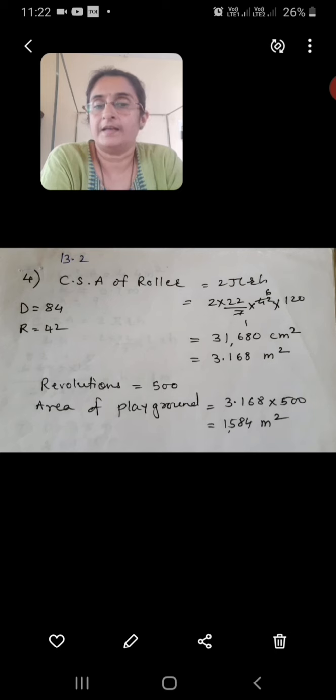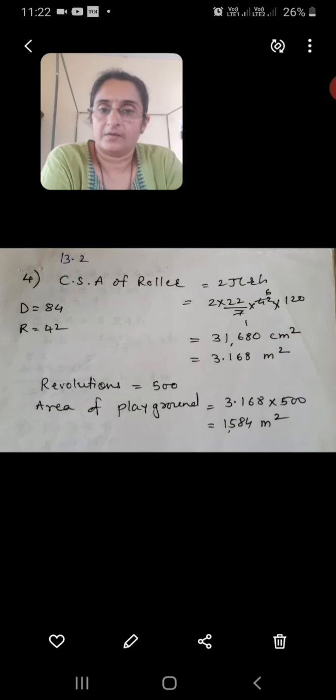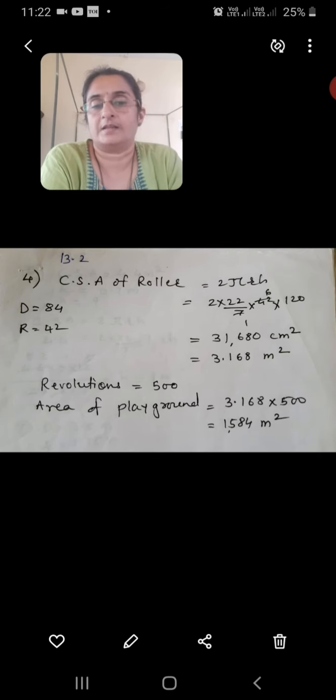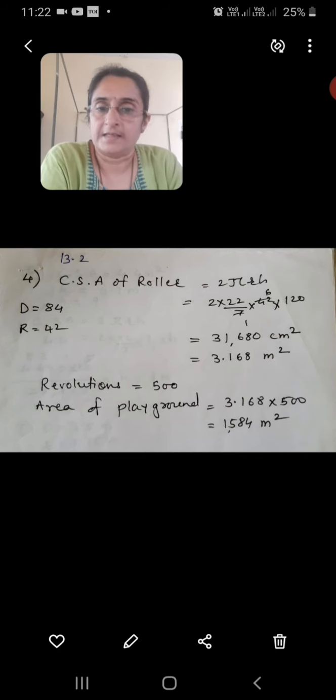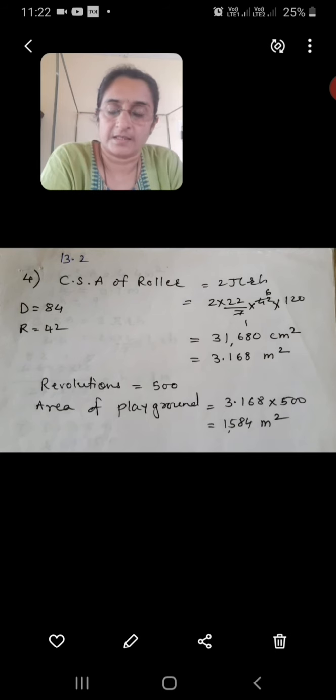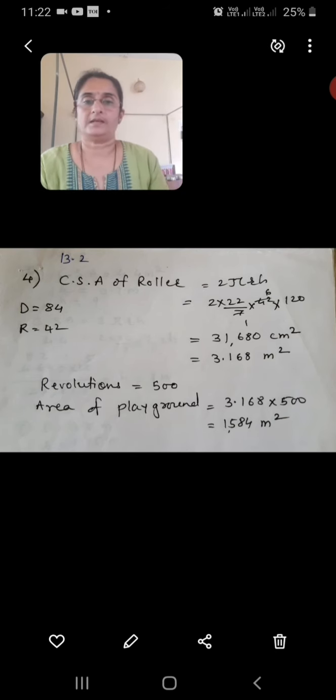So 500 into 3.168, if you do, you'll get 1584 meter square. So that much area is covered in 500 revolutions. So the playground is 1584 meter square. Fine. Using these two formulas, that is, the CSA formula, the curved surface area of a cylinder, and the total surface area of the cylinder, we can do the remaining sums also. Let us go to the next one.